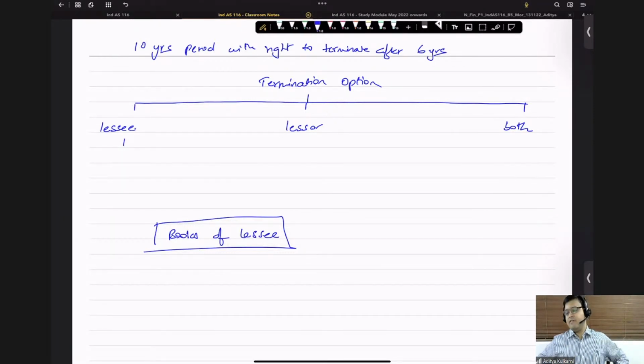If economic benefits are there, it will be 10. Otherwise, it is 6. So this is what Soham is saying. Others? Rahul is saying 6. Okay.